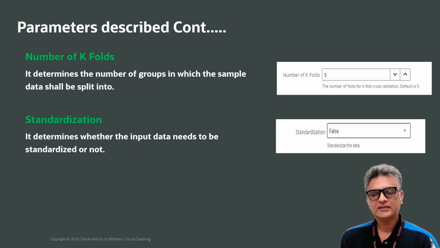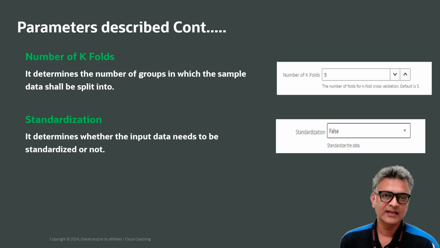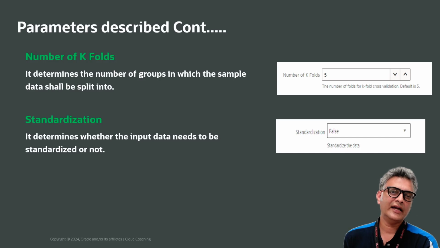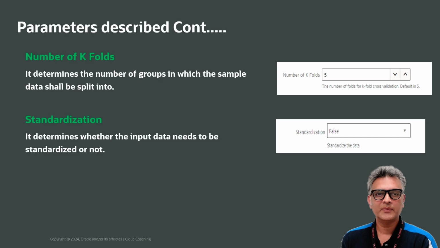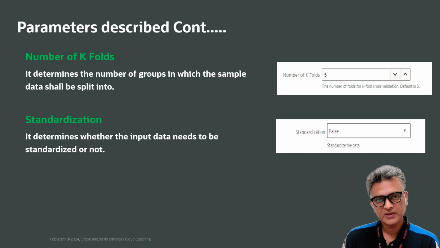So by standardization, what I mean is that we might have a data set where we have different attributes, and these attributes might have different ranges or significance. Let's say I have data of a user where I have the height of the user, the weight of the user, and also annual income. The height might be captured in centimeters, the weight might be captured in kilograms.